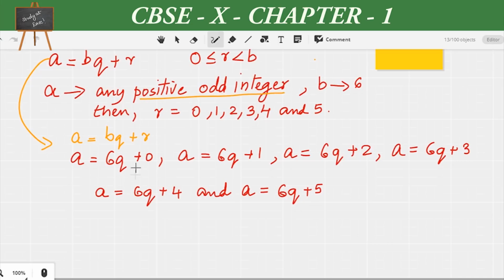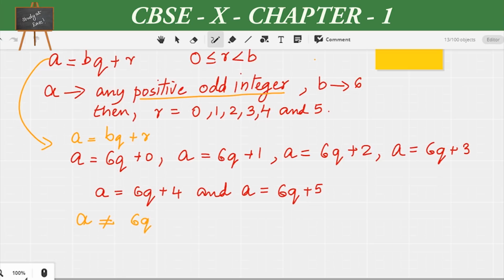So it says a is any positive odd integer. That means it cannot take the values like 6q plus 0, 6q plus 2 and 6q plus 4, since they are divisible by 2. So we have to ignore those numbers.